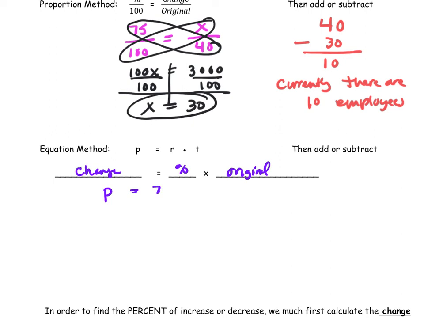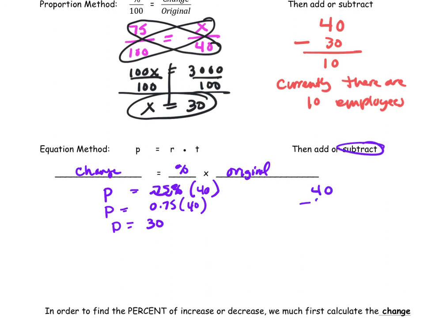The percent that they gave us in this particular problem is 75%, and the original amount of employees last year was 40. Again, we would move the decimal twice or divide by 100. And if you take 75%, or 0.75, times 40, you're going to get 30. So we would end up with exactly the same, but we have to subtract because it said a decrease. And so this is just a different way to do the same problem. You're going to decide which one you prefer.